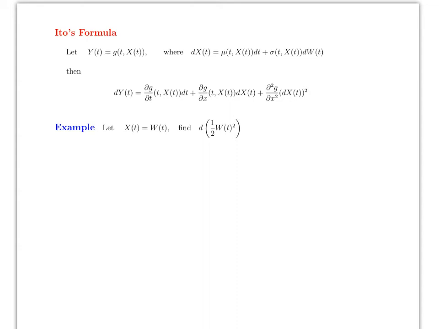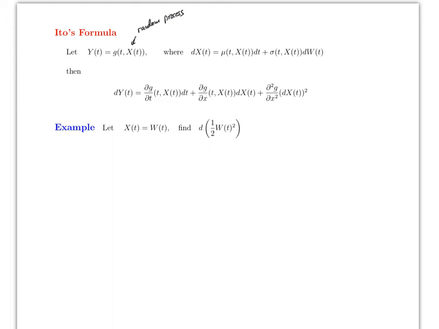You want to have a process Y_t, which is going to be some non-random function. The function is going to depend on t and some random process, where the random process is going to have the following derivative.